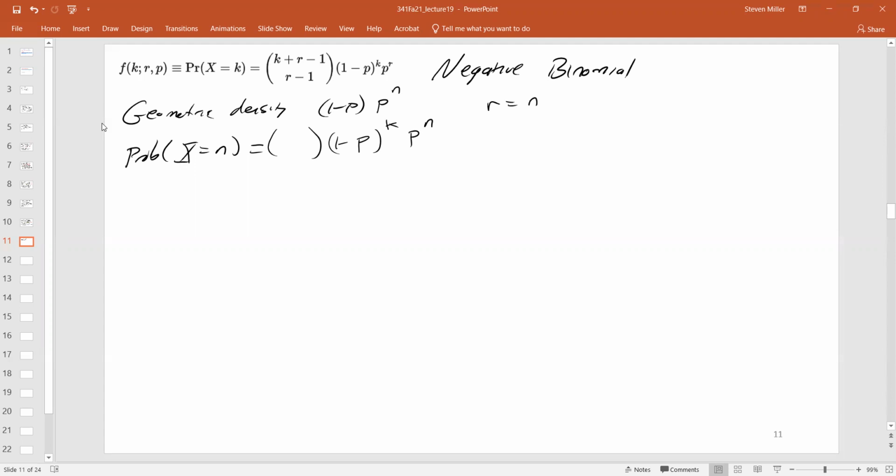No, I'm going to have r equals k. And I'm going to have k equals n. So k plus r is going to be n plus k minus 1. And then r minus 1 is going to be k minus 1. Like the cookie problem.